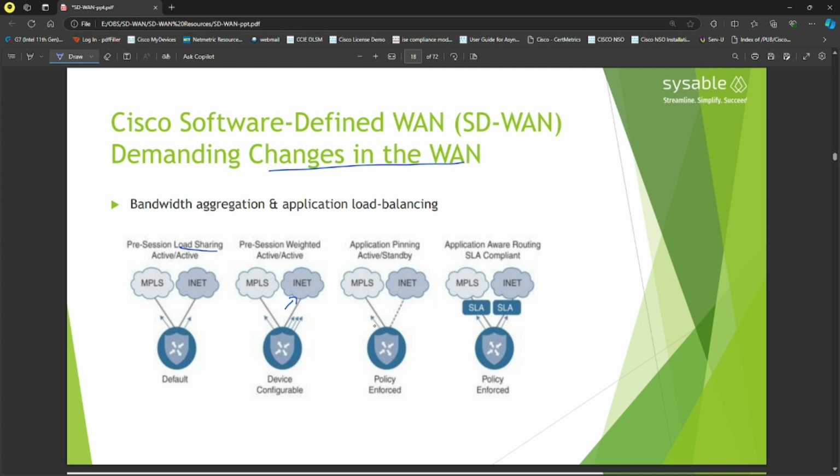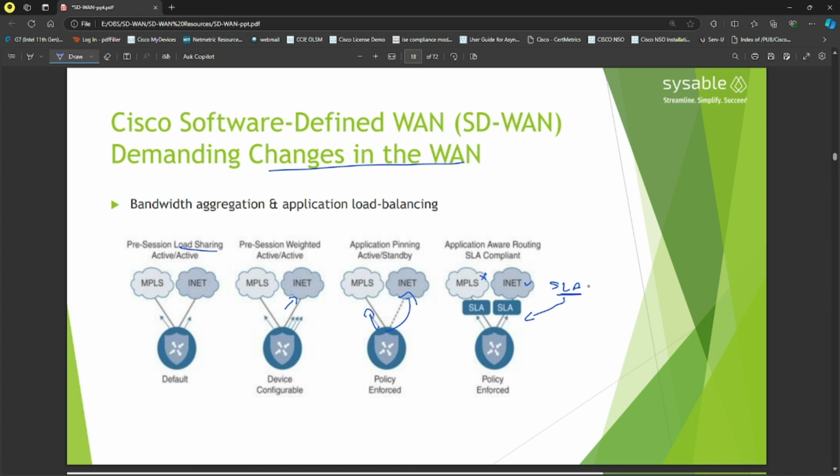for your critical application, MPLS should always be active and the internet should be a backup. Or you can just define an SLA. According to that SLA, it will decide which link is good and which link is not good. And obviously, MPLS is a dedicated one, which means it always has low latency. But what you can do is define an SLA.